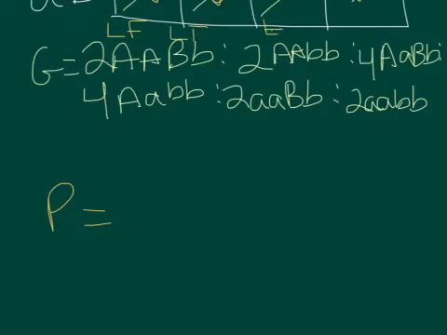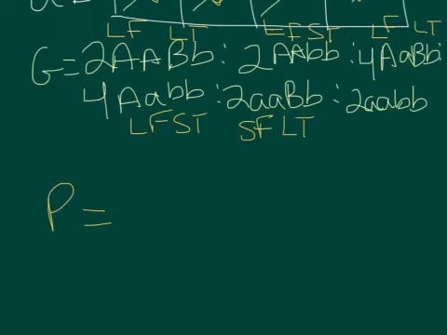Long fur, short tail, long fur, long tail. Okay, this one's going to be long fur, short tail, short fur, long tail, and this one's going to be short fur and short tail.